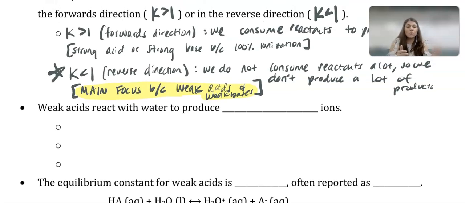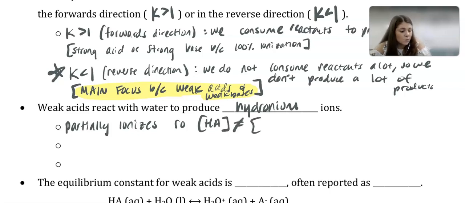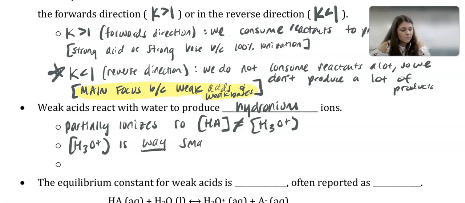So weak acids react with water to produce hydronium ions. Remembering that weak acids are going to partially ionize, we can't say that our HA equals hydronium. So here we'll put a cross through the equal sign. This is why H3O positive is way smaller than our original acid.